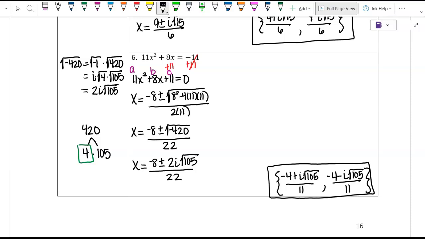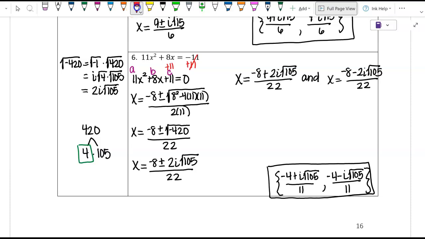Now I know that doesn't look like our answer, which means obviously we had to do some simplifying. So we have x equals -8 plus 2I radical 105 over 22, and x equals -8 minus 2I radical 105 over 22. We have -8, 2, and 22.